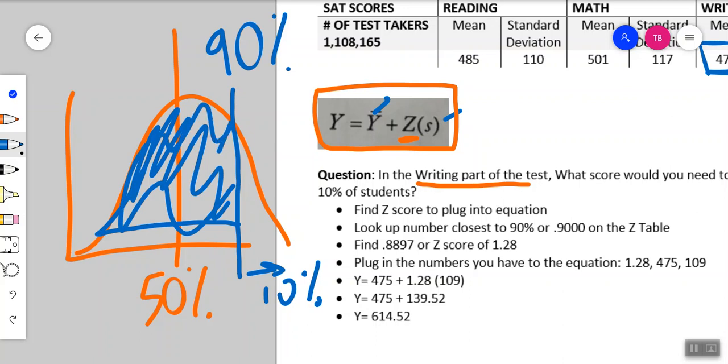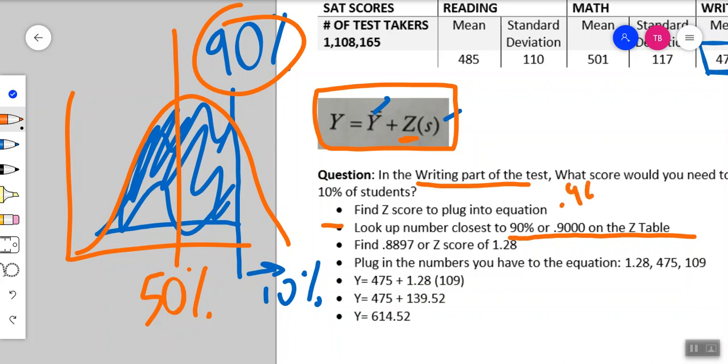So this 90 is what we're going to want to look up on our z-table: something closest to 90%, or 0.9000. And the reason it's 0.9000 is that's the format the z-table is in.